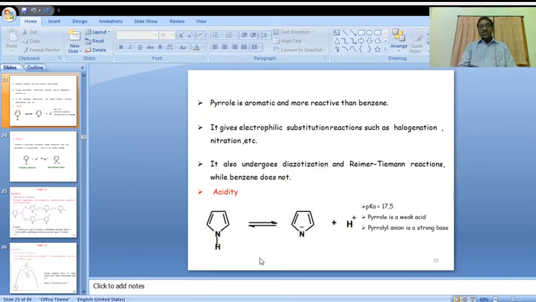Based on this reaction, pyrrole exhibits weak acidic character, because it undergoes reactions with a strong base. Is it clear, all of you?